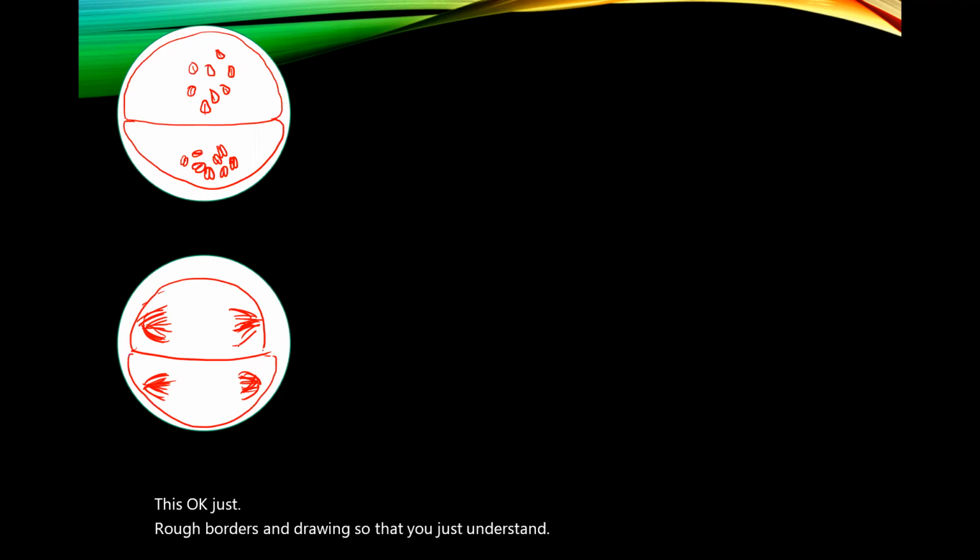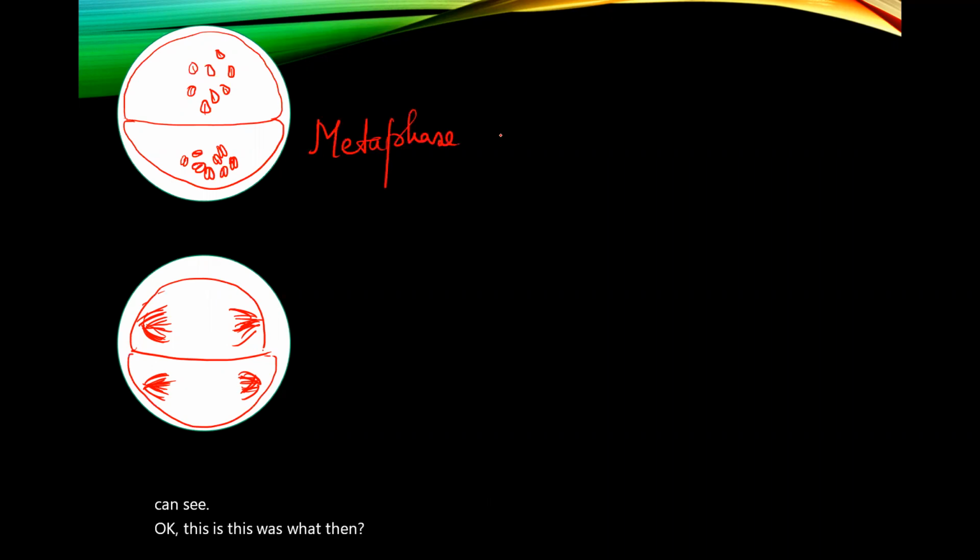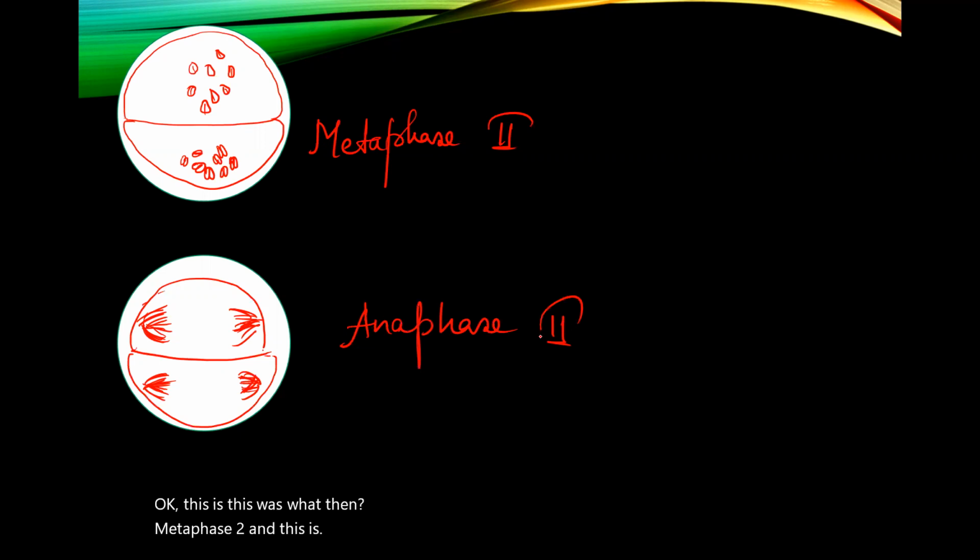Fine. 4 such groups of chromatids are present within the pollen mother cell. This is what you can see. Okay, this was metaphase 2, and this is anaphase 2. Clear?